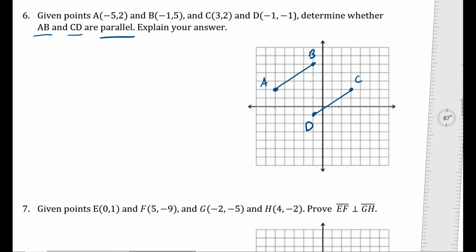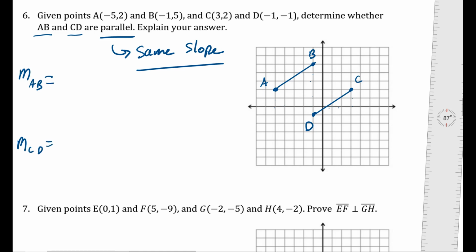Remember that parallel lines are lines that have the same slope. So if I can figure out if A to B and D to C have the same slope, then I'd be done. So I'm going to find the slope for AB, and I'm going to find the slope for CD and compare them. If they are parallel, then they should be the same.